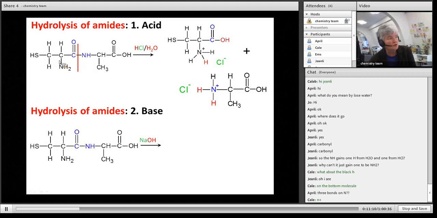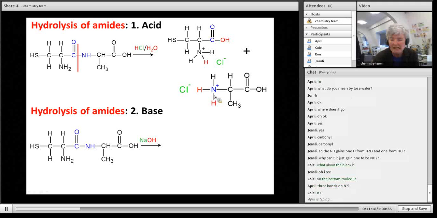If it's only got 3 bonds, it's neutral. So here I've got 4 bonds. So it's like your ammonia, NH3, and your ammonium ion, NH4+. So that's really what's happening. This is like ammonia reacting with the HCl.